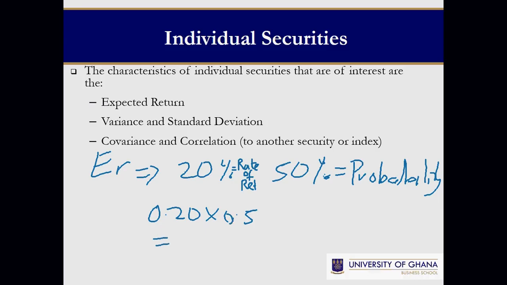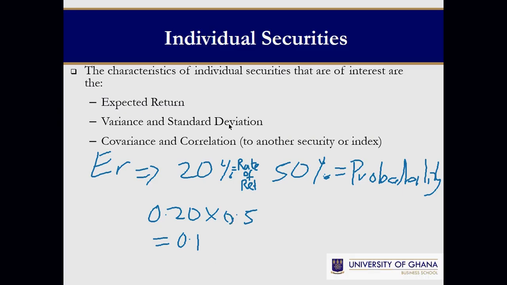Then we are getting expected return to be 0.1. So that is it. You see how expected return is easy. What we do for expected return is multiply the probabilities by the rate of return, and we get expected return.